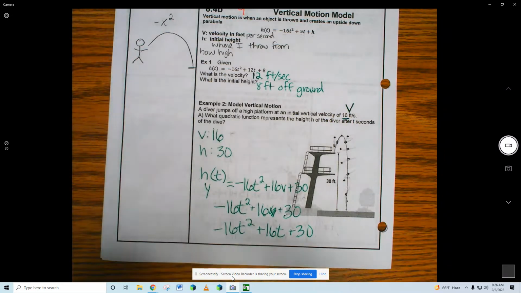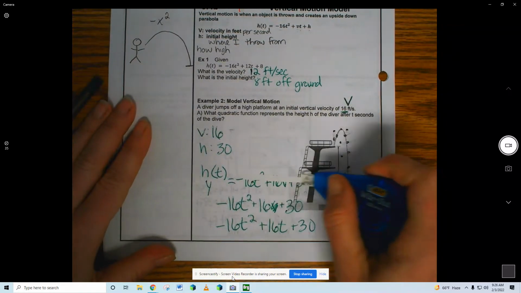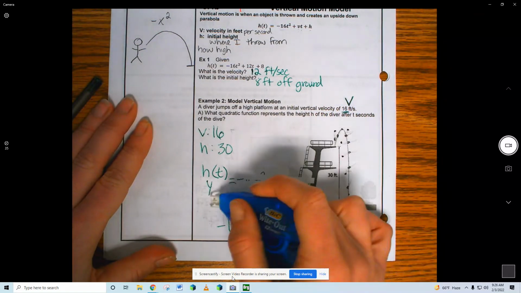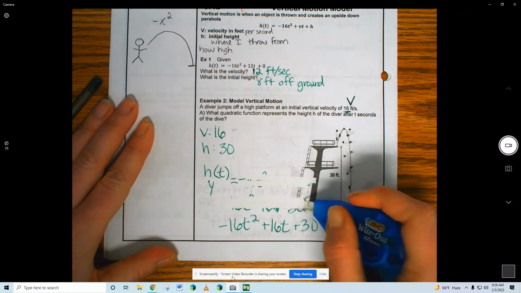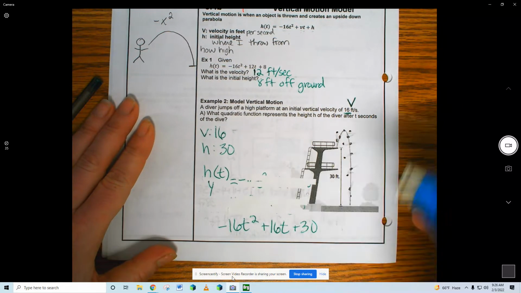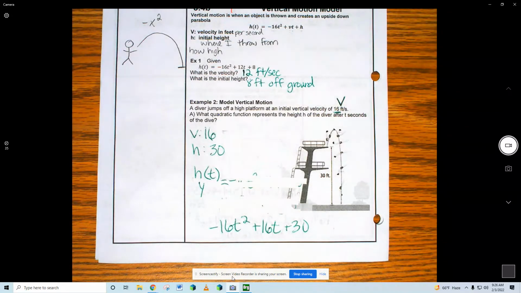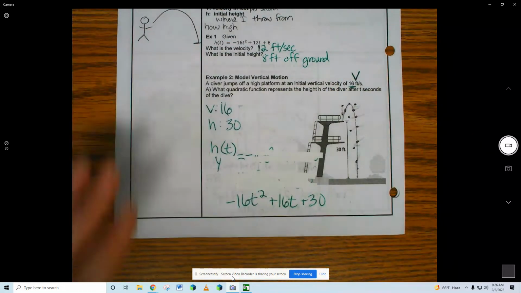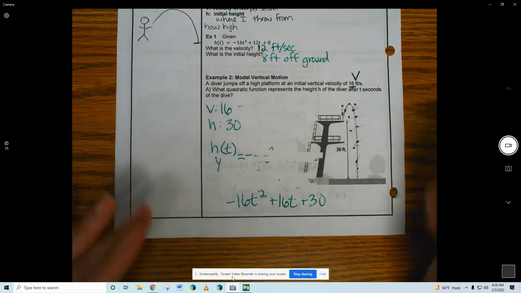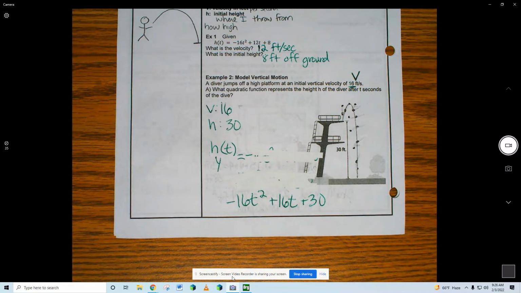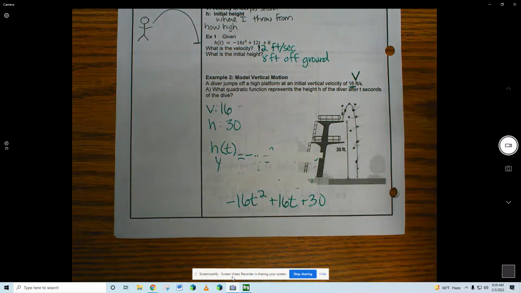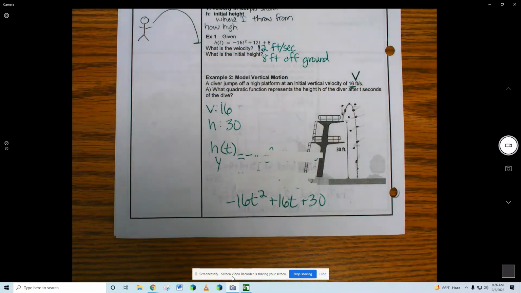Whoa. That was a huge oversight on my problem. All right. Do not put the v because we are replacing v. So you always put the t in the middle? Well, this is time. Yeah. That's part of the formula up here. I replaced v instead. Thank you for pointing that out, ladies. That was really bad on me. All right. So I'm just told the speed, and I'm told how high off the ground, and I'm plugging in values.